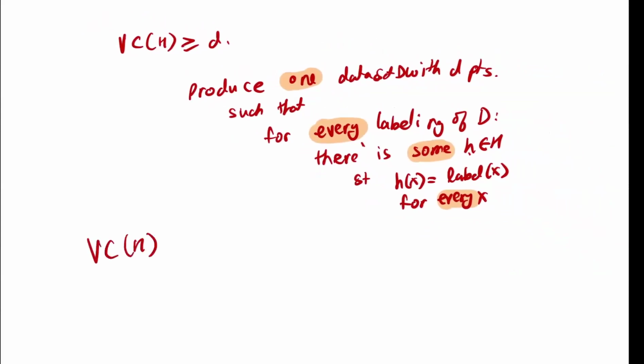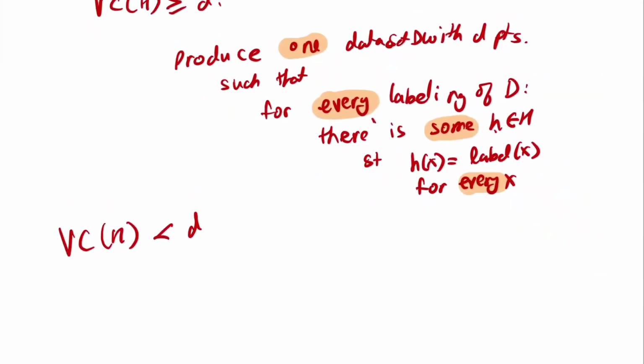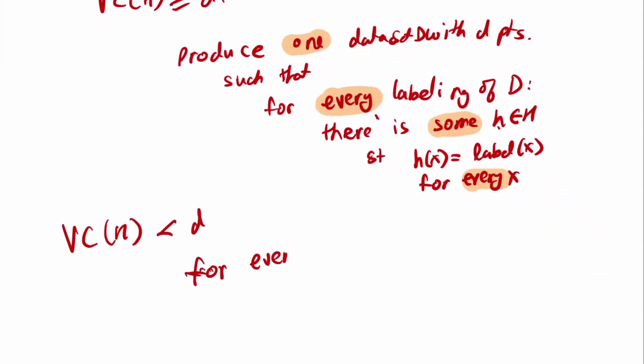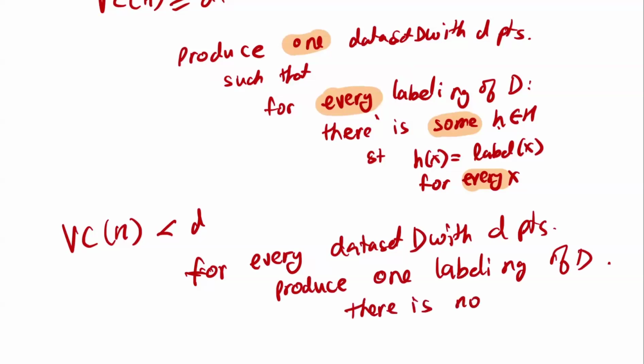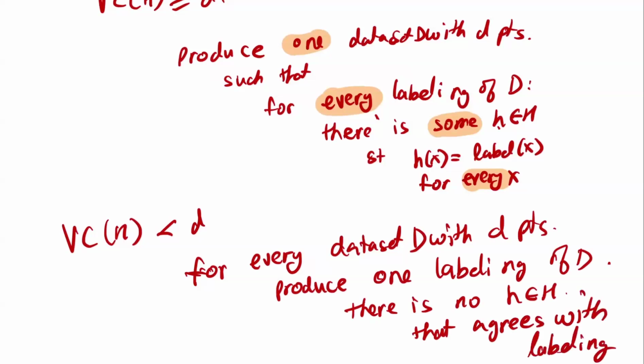To show that VC of H is less than some D, let's say if I want to show that it's less than D, then for every single data set with D points, I need to produce one labeling of it such that my classifier cannot match that labeling.